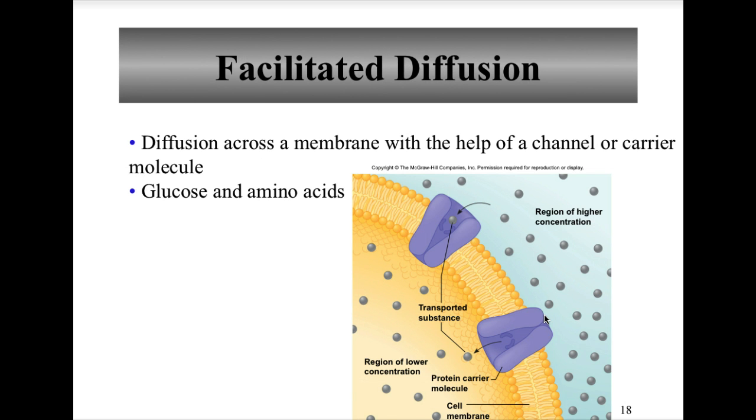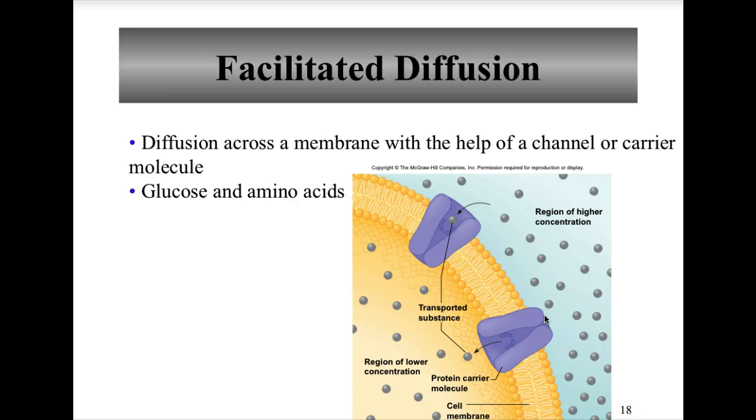Facilitated diffusion is a special case of diffusion where substances move with the concentration gradient from high to low, so it's still passive transport, but it requires a special carrier protein molecule within the cell membrane that serves kind of as a shuttle bus to transport molecules into and out of the cell.